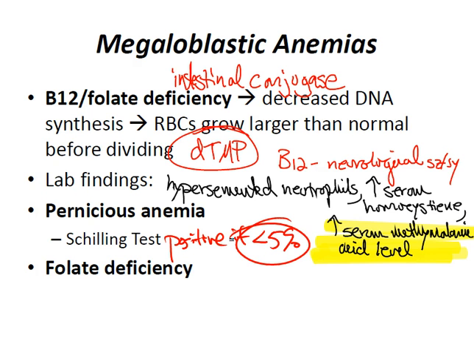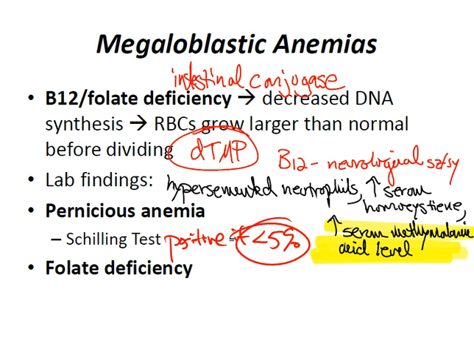If the urine B12 doesn't increase, it's malabsorption, like Crohn's disease or maybe Diphyllobothrium latum, the fish tapeworm, etc. It's malabsorption of some kind if the urine B12 does not increase.